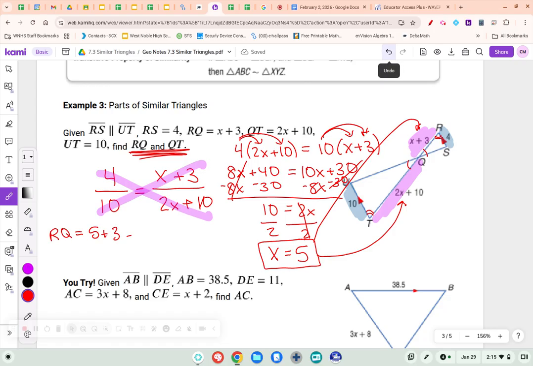Getting ahead of myself. So QR is 8. And then QT is 2 times 5 plus 10, or 20. Now remember, these will not be congruent. They are proportional, but they are not congruent to each other.